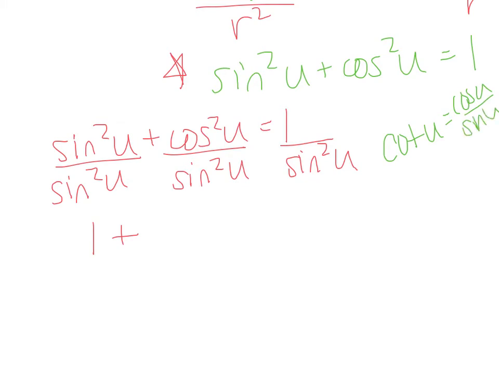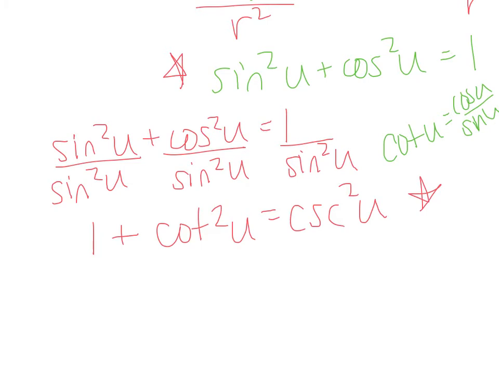So it's going to follow that cosine squared over sine squared is going to be cotangent squared, plus the reciprocal of sine, that would be, oh, this is an equal sign. So equals cosecant squared u. So there's another one.